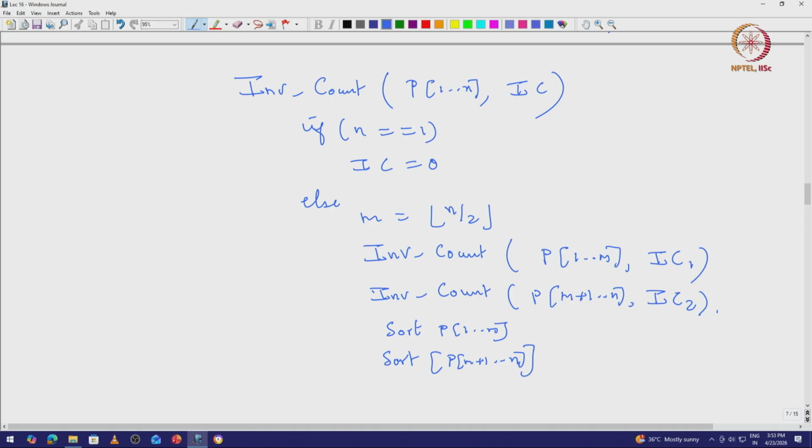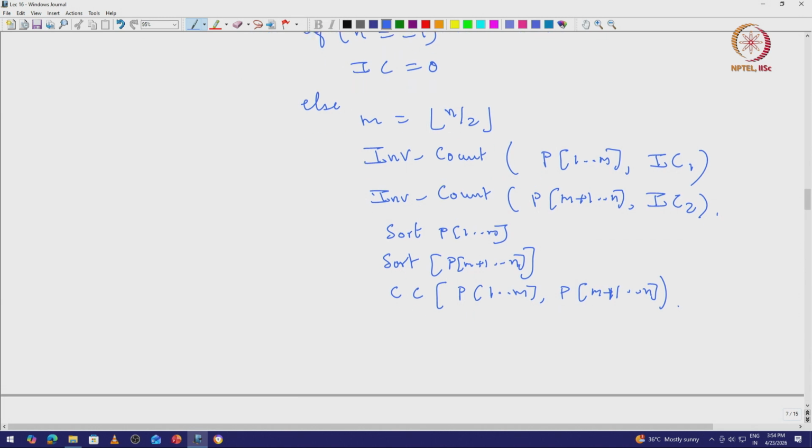So, you have two sorted sequences. Now, cross count of these two arrays, P 1 to m and P m plus 1 to n. Now, IC equals inversion count 1, inversion count 2 and cross count.